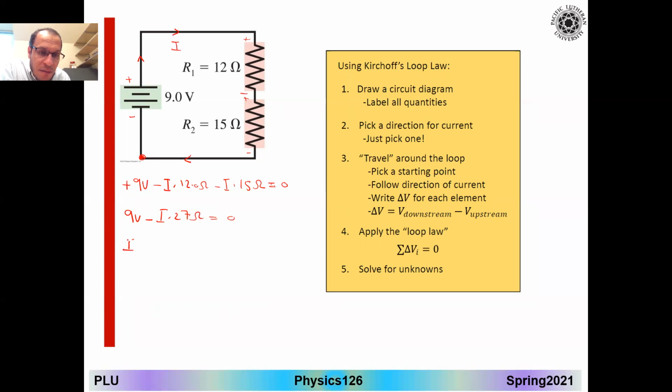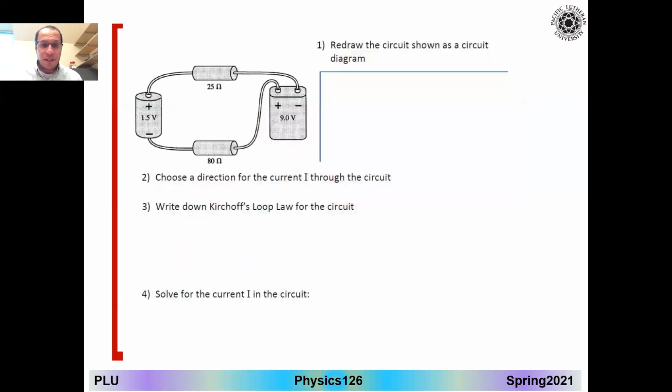Then I can find my I. In that case it will be 9 volt divided by 27 ohms, which is 1/3, basically 0.33 amps. So I applied Kirchhoff's law around the entire loop to find the current through my circuit.